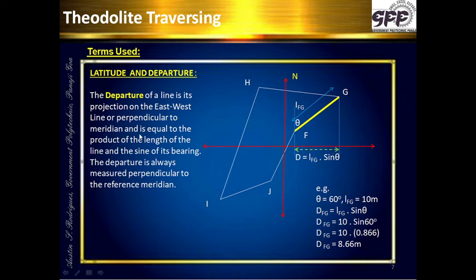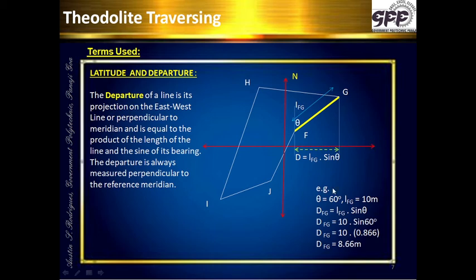It is given by the product of the length of the line and the sine of its bearing. Whatever is the theta, the length of the line into sine of theta gives me the departure. Remember, the departure is always measured perpendicular to the reference meridian. The reference meridian is this, so it is always measured perpendicular to it.